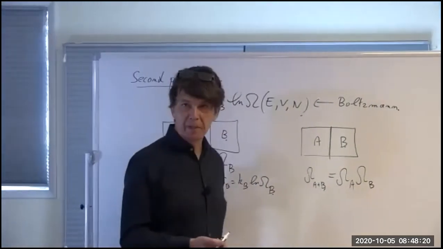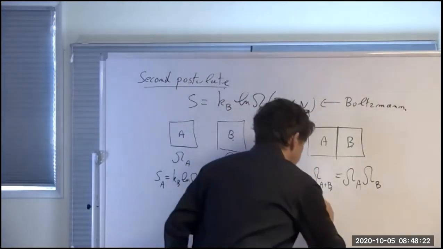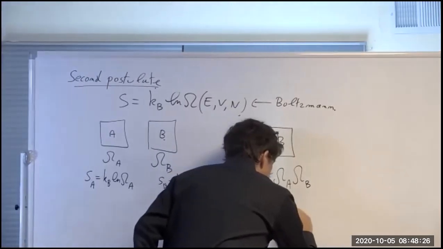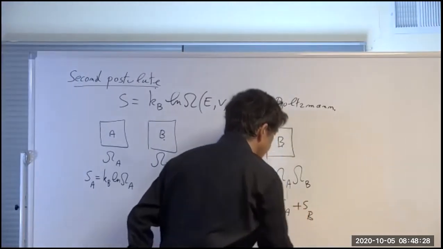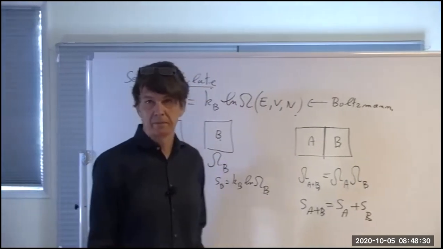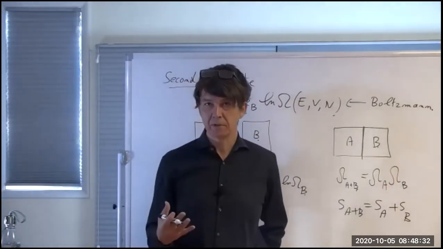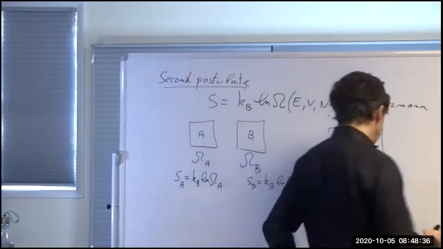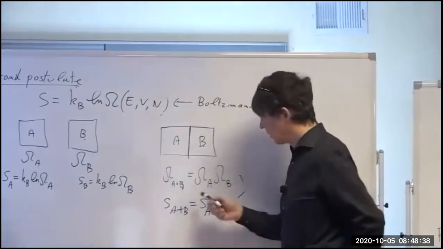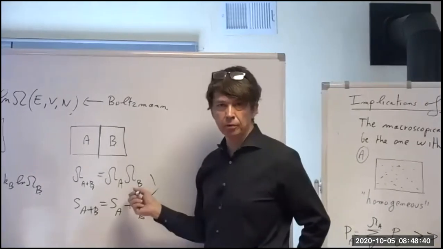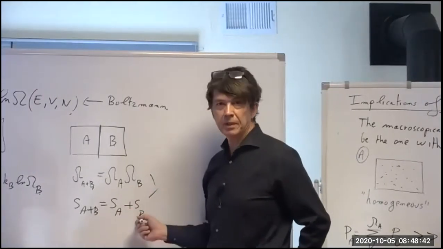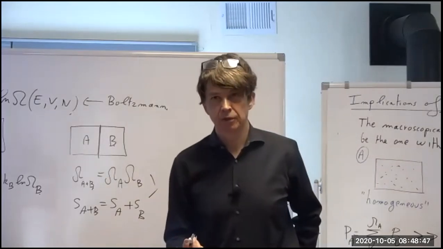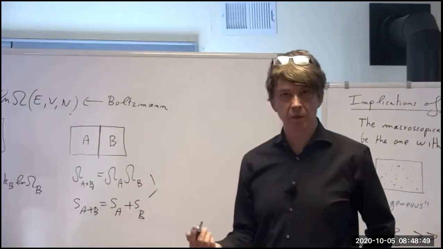Because entropy is extensive, the entropy of A plus B has to be the entropy of A plus the entropy of B. Right? Because they haven't interacted, so the entropy just has to add up. So how do you relate these? You have something that follows a product rule, and then you have something that's additive. They have to be related by a logarithm, because the logarithm of a product is the sum of the logarithms.